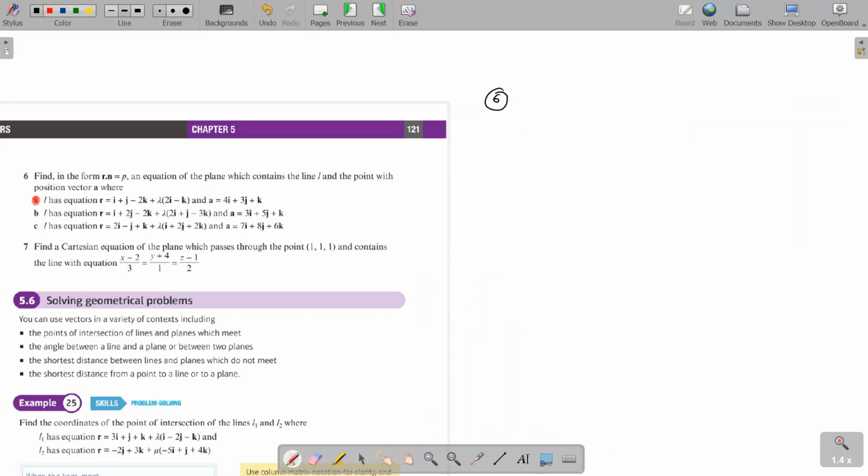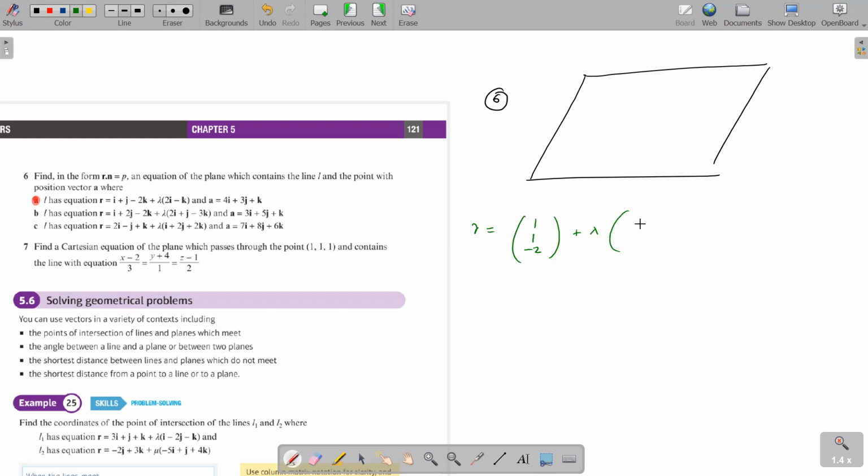Okay, so moving on to question number 6. Find, in the form r dot n equals p, an equation of the plane which contains the line L and the point with position vector A. So they are saying there's a plane and they have given you a line on the plane: r equals 1, 1, minus 2 plus lambda times 2, 0, minus 1.